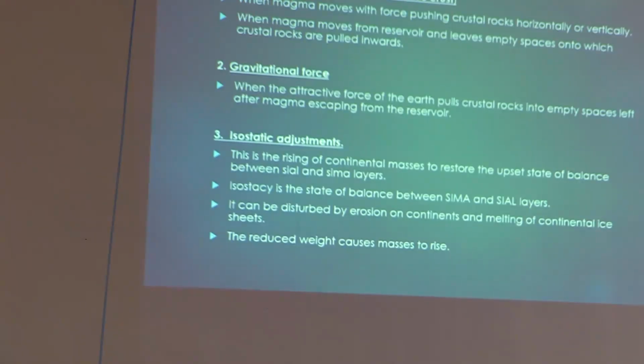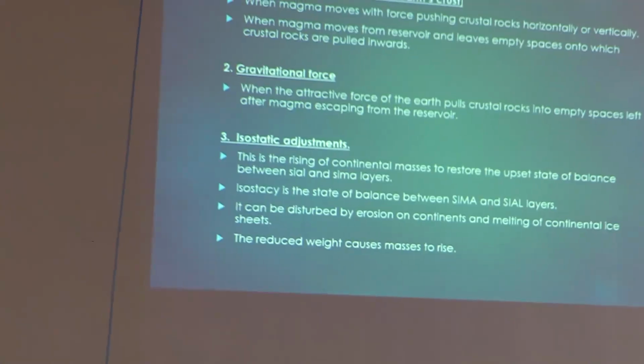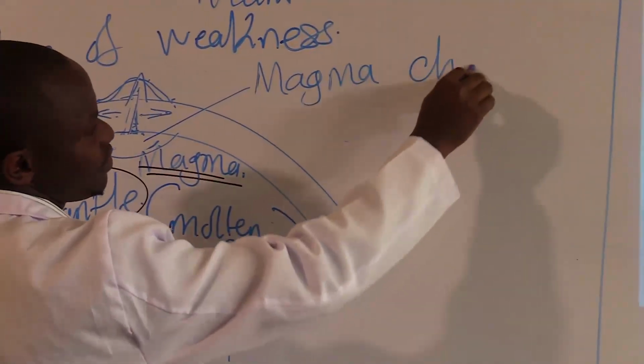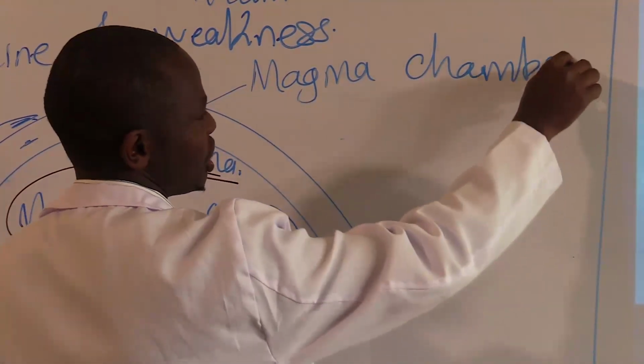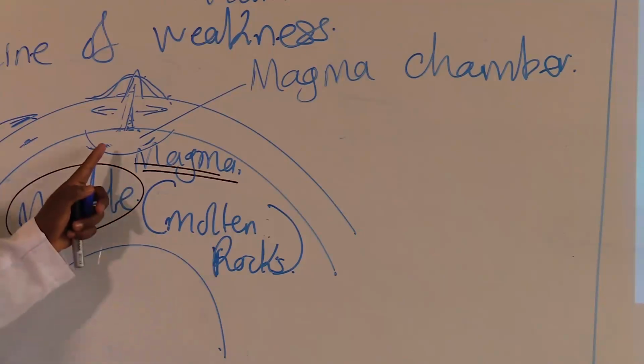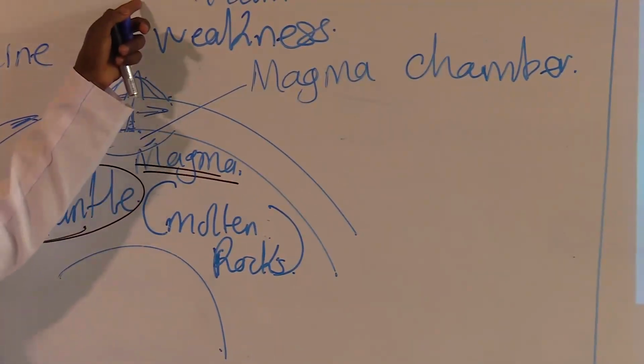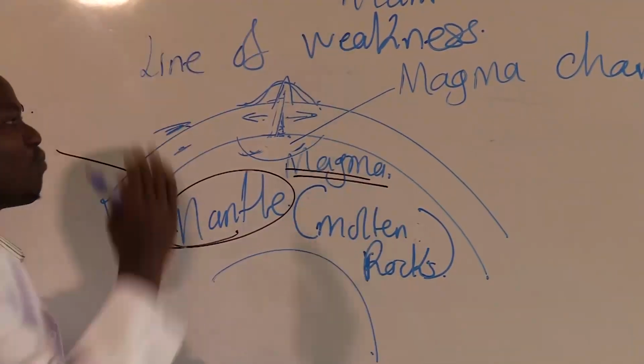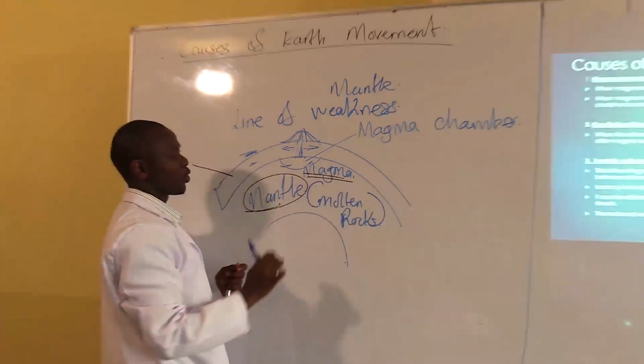Of course, we all know any matter occupies space, and therefore, after the magma has come out to the Earth's surface, that space which was occupied by the magma in the mantle is called the magma chamber. After that eruption has occurred, magma has been forced to move out from the mantle.